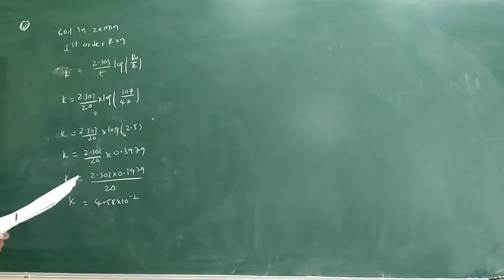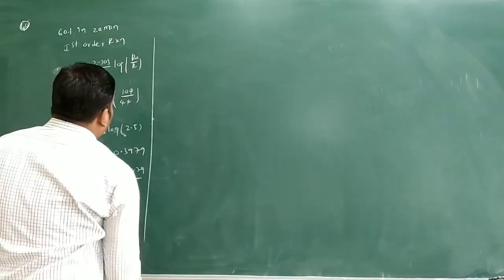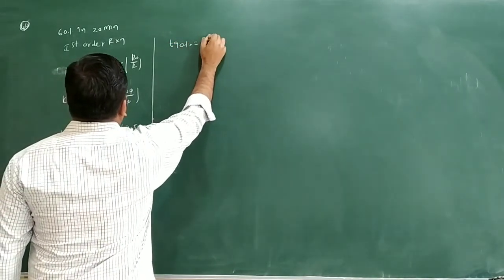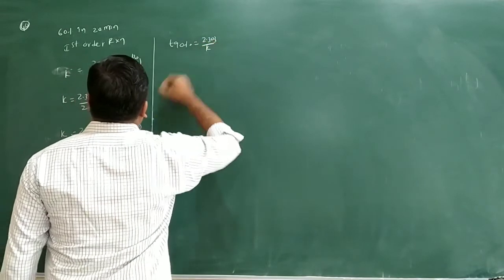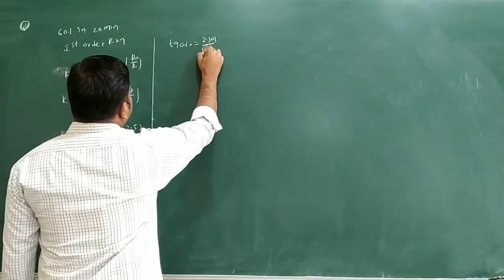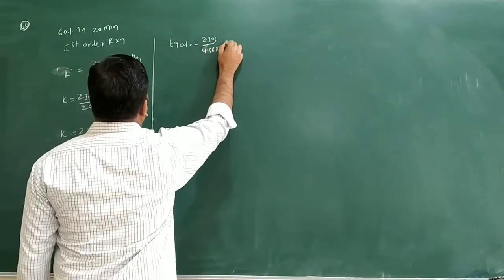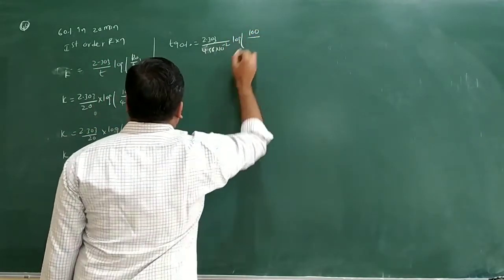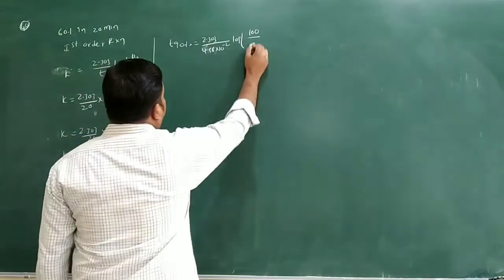But what they are asking, calculate the time for what? 90% of the dissociation. I will find out here T 90%. T 90% is equal to 2.303 by K. What is the K value? This is 4.58 into 10 power minus 2 into log of initially 100 minus 90, how much? 10 you will get.